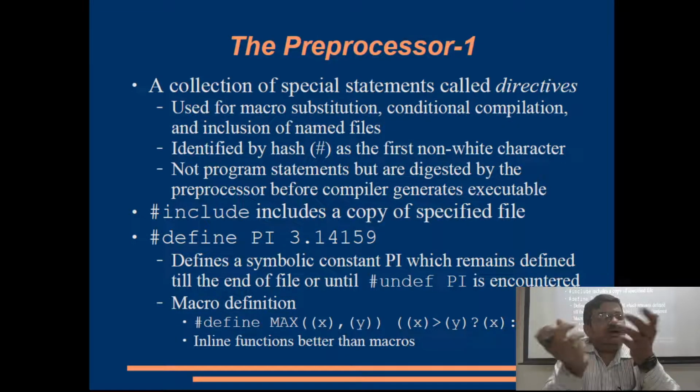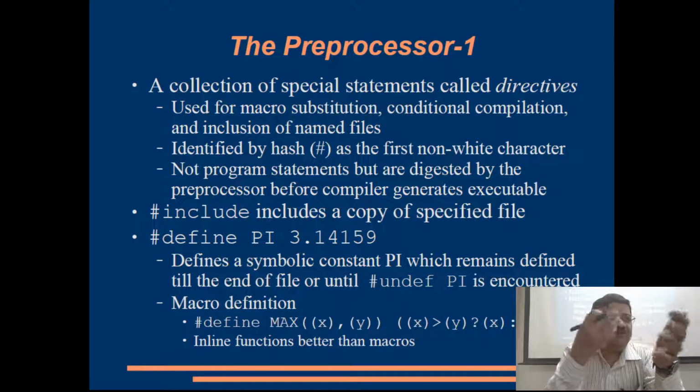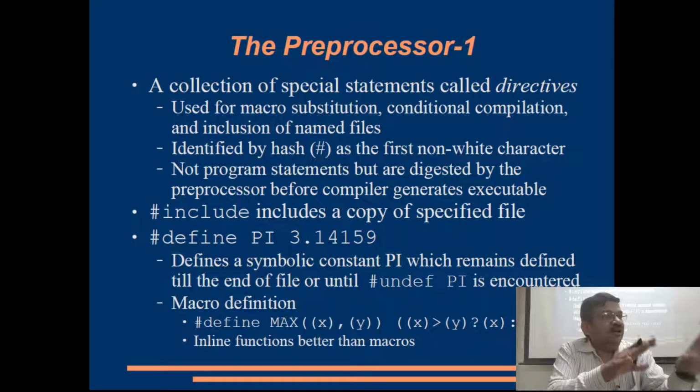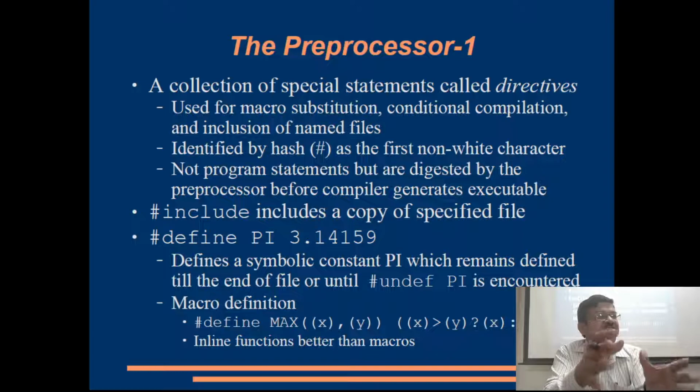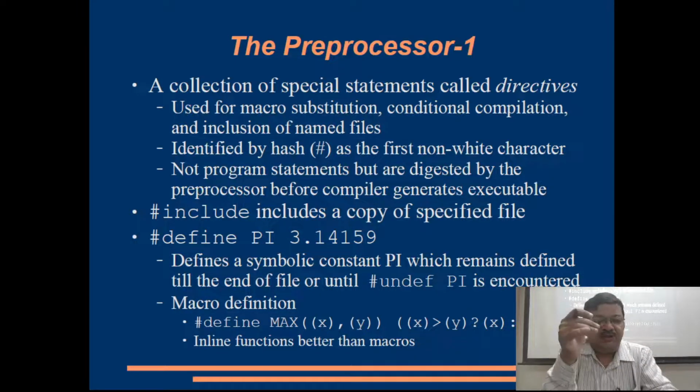So we can have conditional compilation using ifdef and ifndef. Essentially, ifdef means if something is defined, then do this. Ifndef means if something is not defined, then do this. Right? So there are several uses for that.